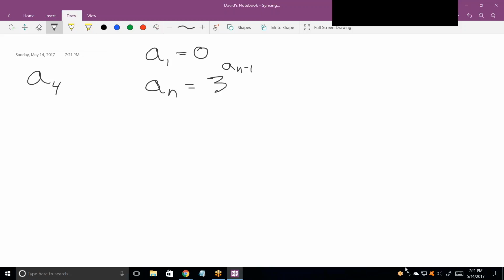In other words, we're still defining a sub n as a function of the previous term. The previous term is a sub n minus 1, so you write it with both subscripts down like that. And then n must be greater than or equal to 2.